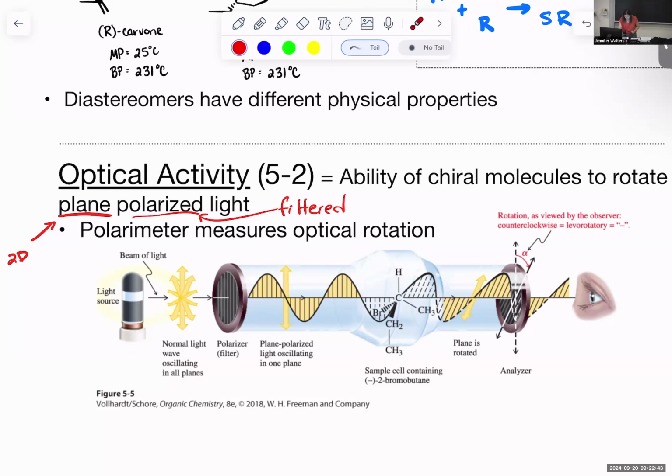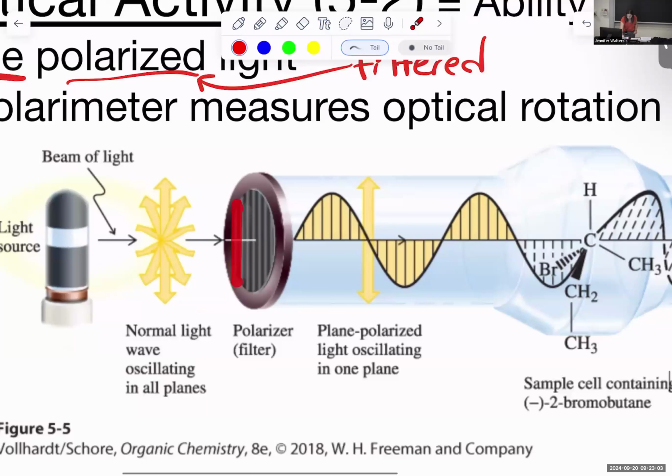So when we look at that, we're going to use a polarimeter, which is an instrument that is going to polarize light for us. So we get our light source. Light is scattered. It goes in all different directions, right? Like light goes everywhere. That's how we can see. Then we get our polarimeter, or polarizer, sorry. The whole thing is the polarimeter.